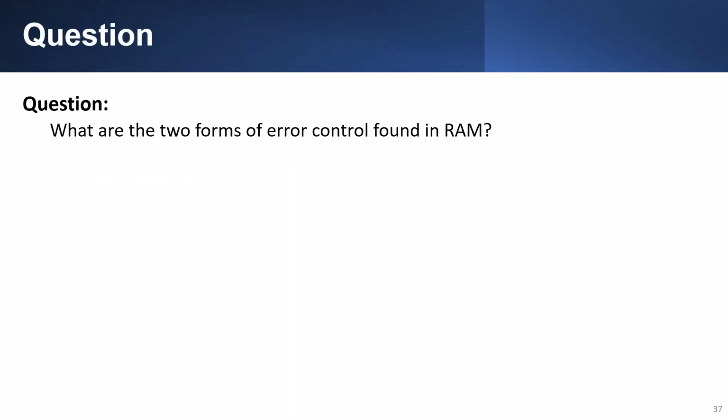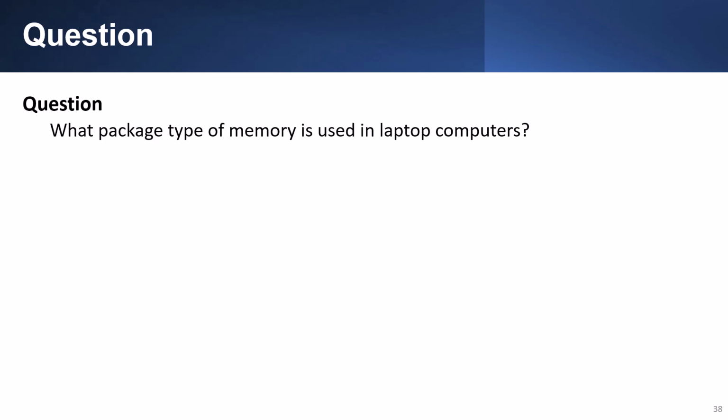Question: what are the two forms of error control found in RAM? Answer: parity and ECC. Question: what package type of memory is used in laptop computers?